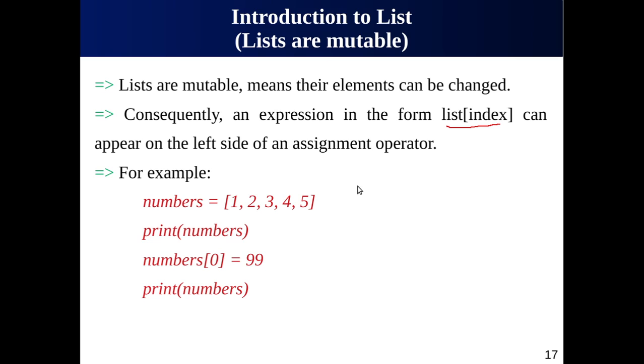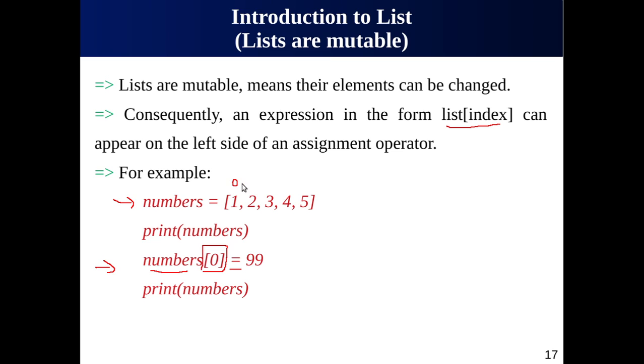What does it mean? If you want to change the element of a list, for that you have to use the assignment operator. This is actually the format. List means the name of the list, which in this case is numbers. So you write the name of the list and then the index, the position for which you want to change the value.